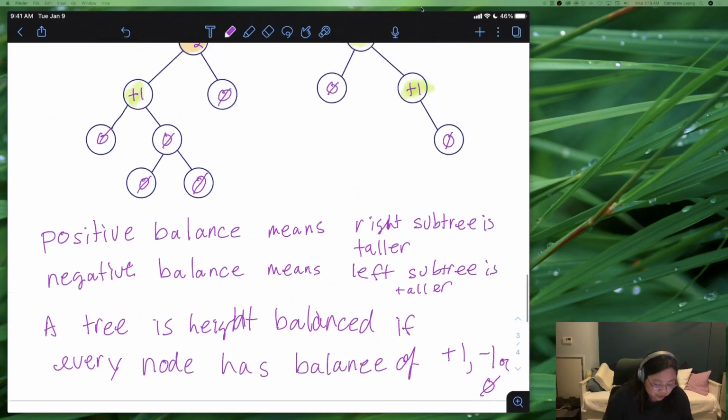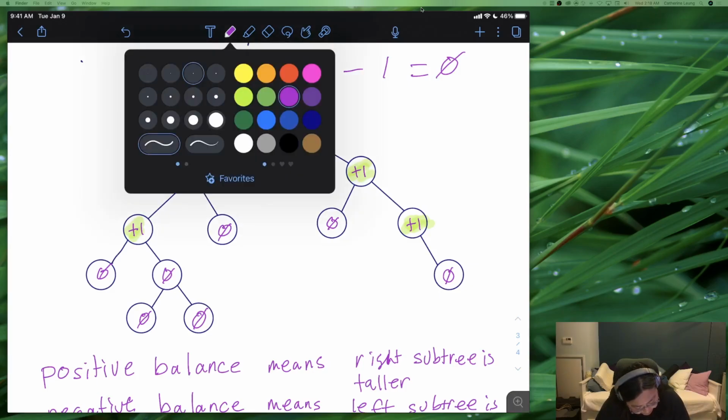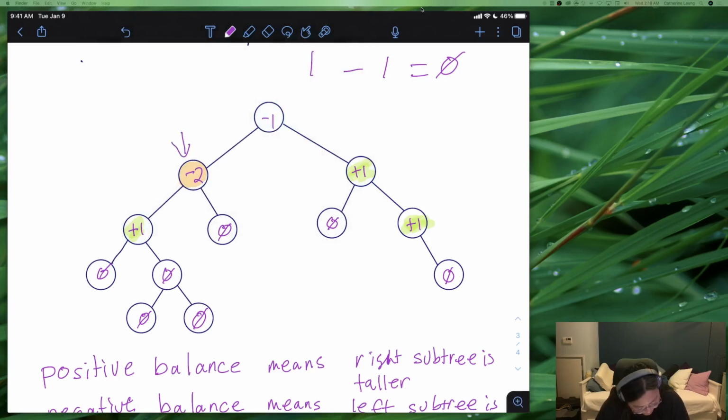So if we take a look at this tree, what we know is that this tree is not height balanced because there is one node, this one right here, okay? And it only takes one node to spoil it all. It doesn't take a whole bunch of nodes for this to be true. If even one node is not +1, -1, or 0 in terms of its node balance, you will have a tree that isn't height balanced.